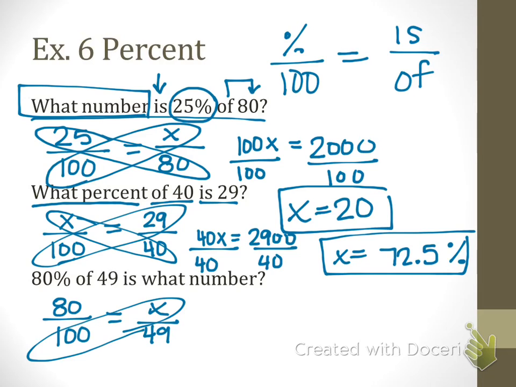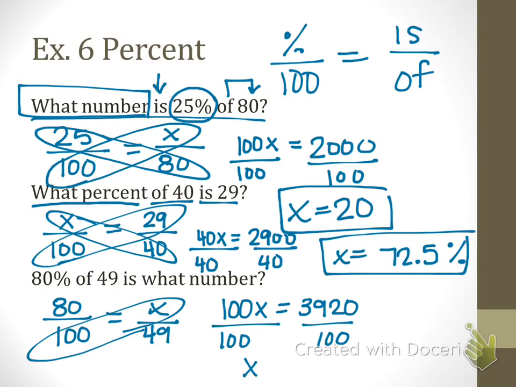And then you just cross multiply. So I'm going to have 100x equals 49 times 80, which is 3,920. Then I just divide by 100. And I get x equals 39.2.